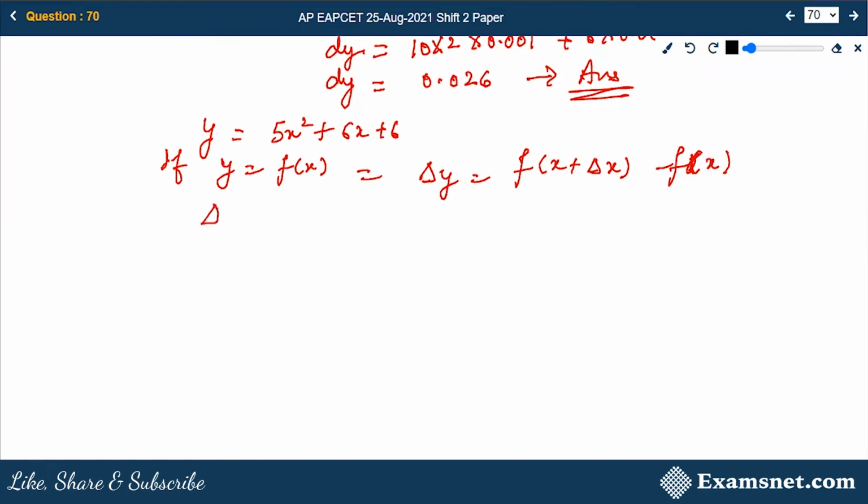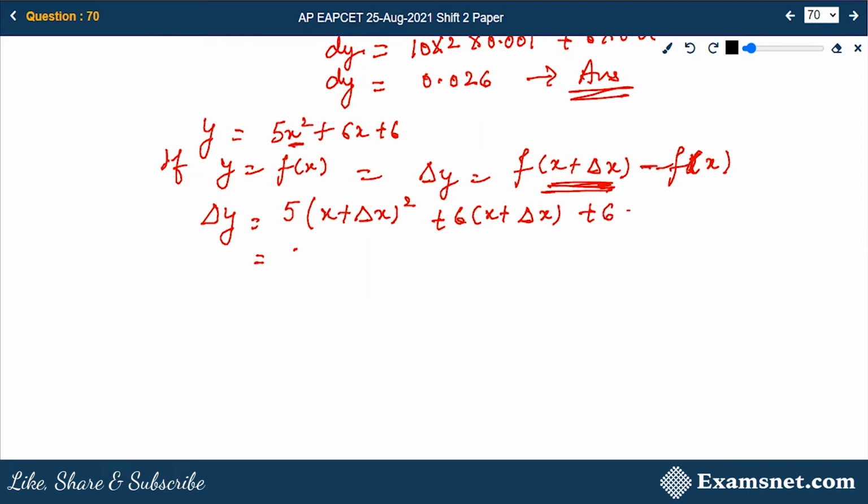So delta y in this case will be f of x plus delta x. So I'll replace this x with x plus delta x. So it will be 5 into (x plus delta x) square plus 6 into (x plus delta x) plus 6. So this will be minus f of x. F of x is equal to what? It is 5x square simply plus 6x plus 6.